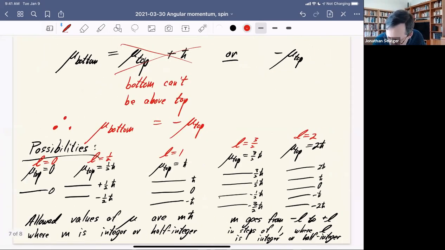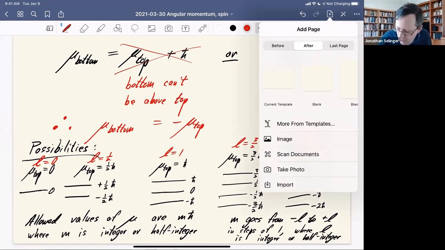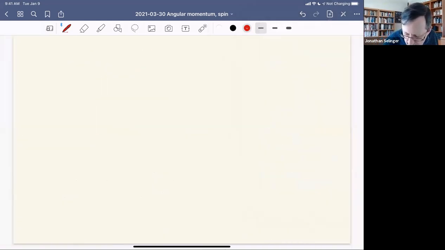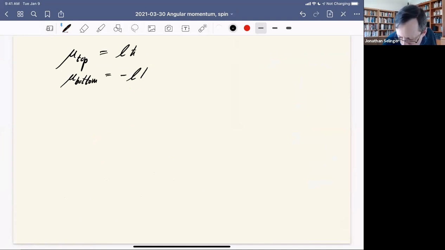Now, we can also use this method to find out what is the eigenvalue of L squared. We can do that because we know mu top and mu bottom in terms of L. So mu top is equal to L h bar, and mu bottom is equal to negative L h bar.